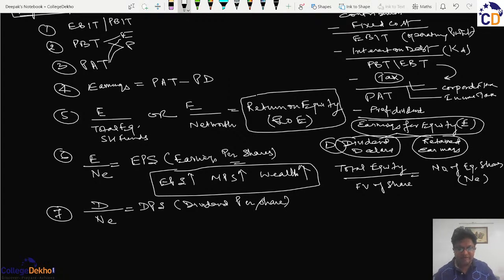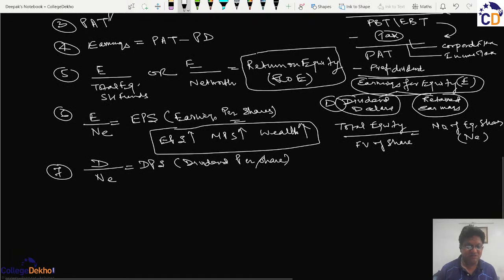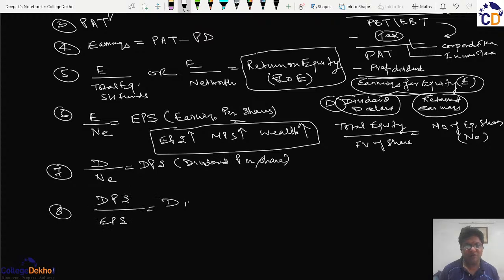There is always a saying that high EPS will cause high dividend per share, and high dividend per share will also cause the fair value of the share to increase, thereby increasing the wealth of the investors. And therefore, this dividend payout out of the earnings is measured and named as the dividend payout ratio.